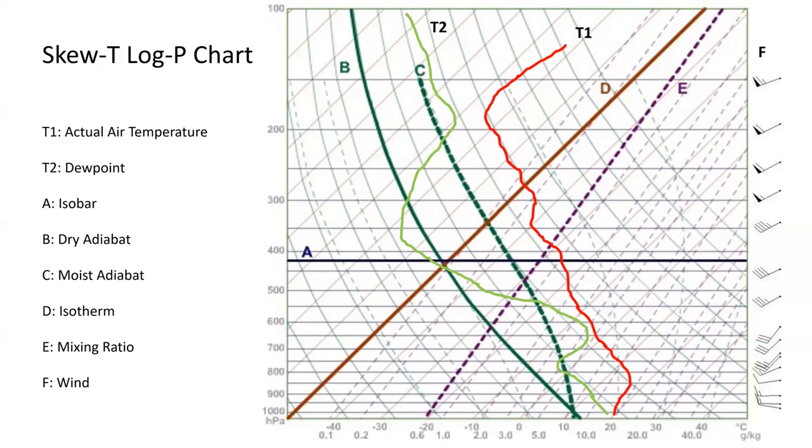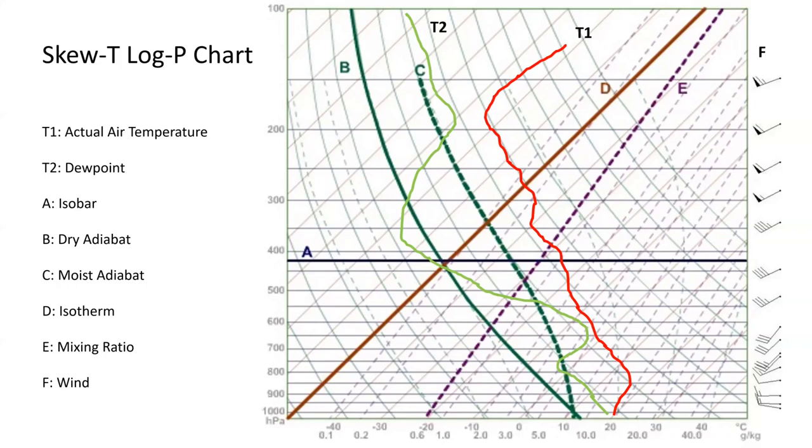On a better day, the dotted lines, the mixing ratios, would be a lot further apart. Everything you see in grey is set. That is the features of the chart that you're looking at.